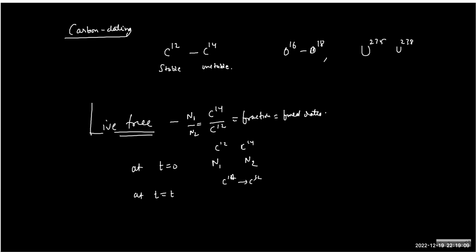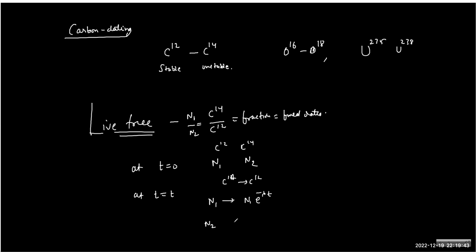Which concentration will grow in value, C12 or C14? C12 will grow in value and C14 will decay in value, right? So after some time t, N1 will decrease to a new value, N1 times e to the power minus lambda t.